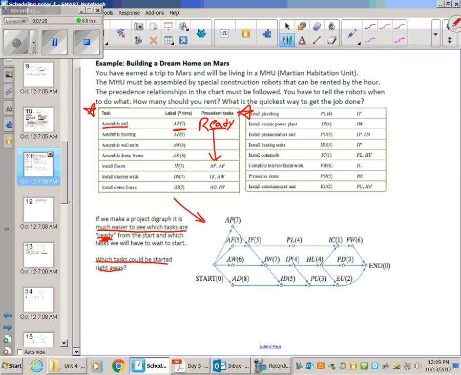It's the ones that our start is pointing to. Those are the ones you can complete without any precedence tasks. So what's that? AP, AF, AW, and AD. So I'm just giving an example of a project diagram and being able to recognize tasks that can be started right away.